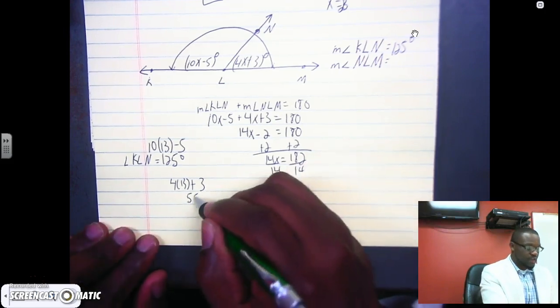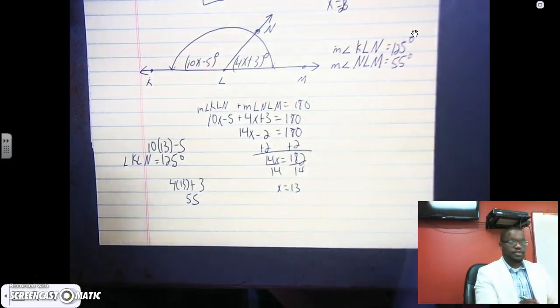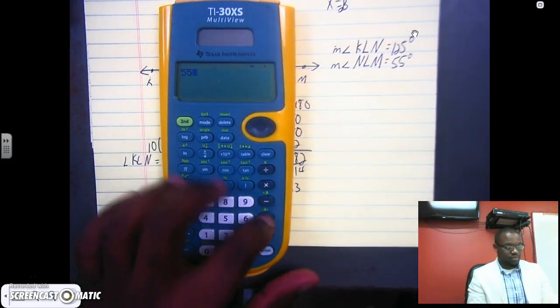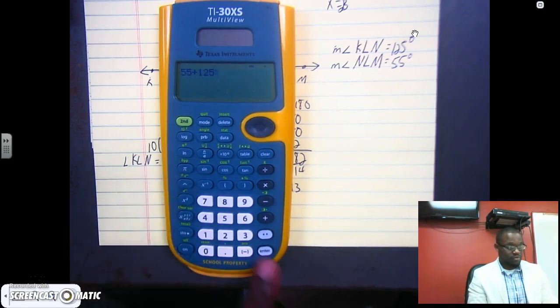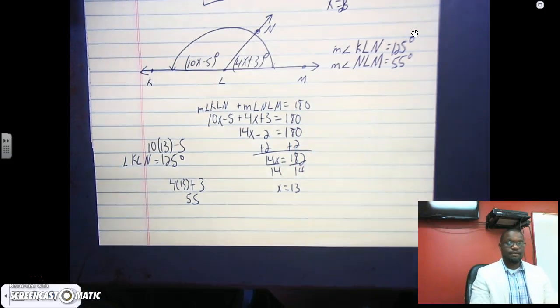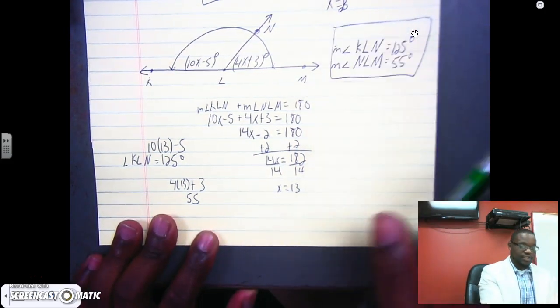That's 55 degrees. And again, let's check our work. Does 55 plus 125 equal 180? Well, yes, it does. So we understand that our answer is correct because we checked it.